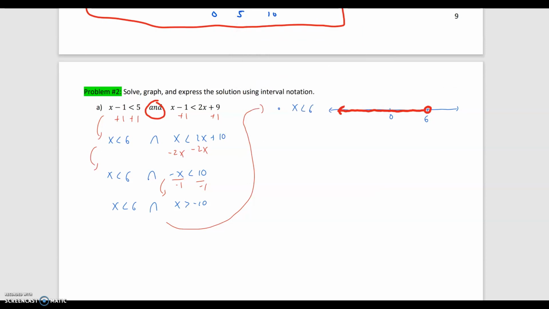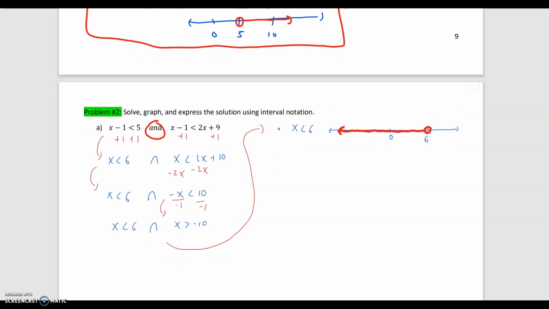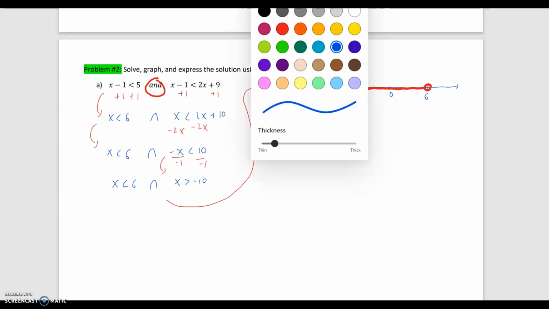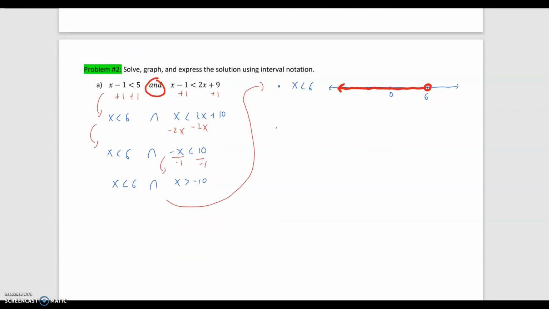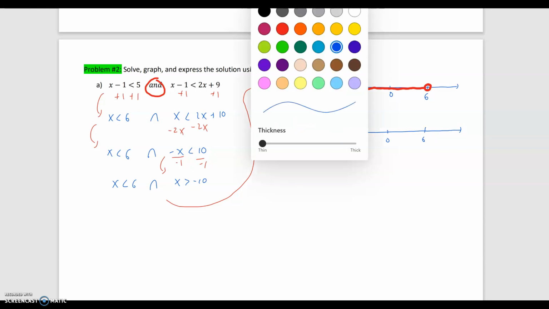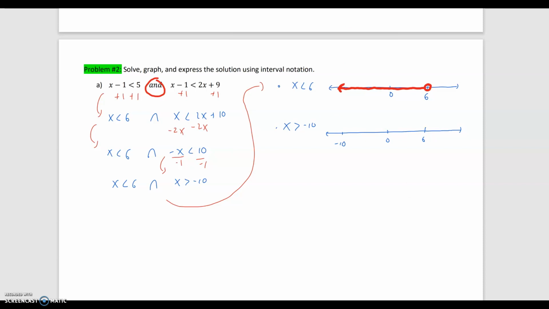The second one is X is greater than negative 10. And as a reference, I'm just going to put negative 10 here. And greater means, well, from negative 10 all the way to the positive infinity.